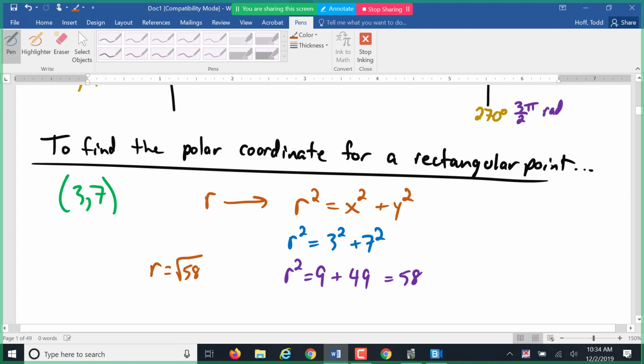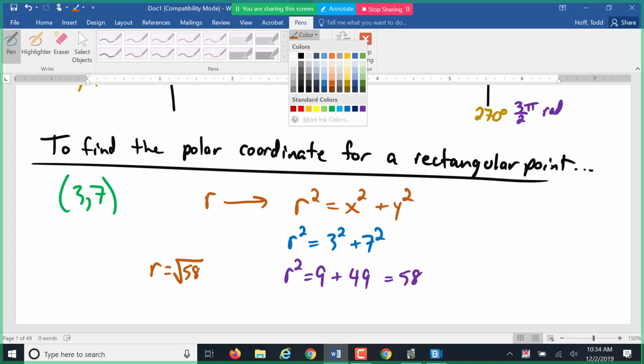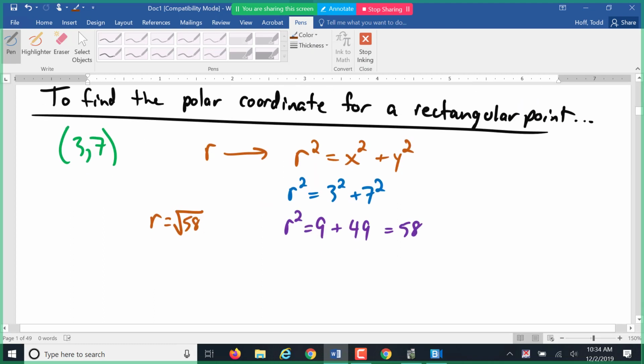That square root of 58, we could actually calculate it out to get 7.7 or whatever it is, but it's more accurate to leave it as just simply the square root of 58. Cannot be reduced in radical form any more than that. The angle then, theta, is simply the inverse tangent of y over x, given that it's in the first quadrant.